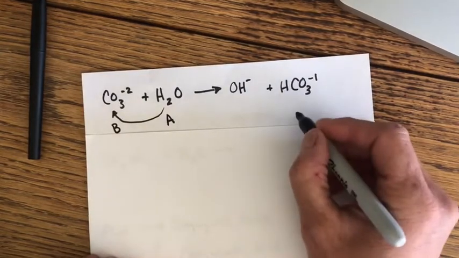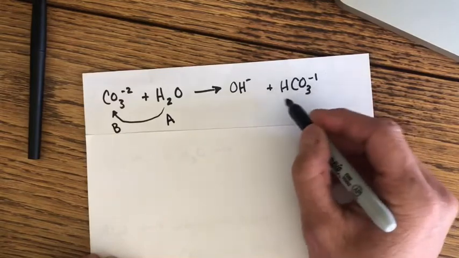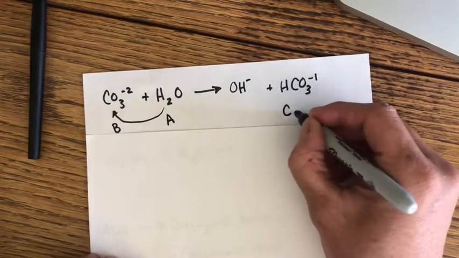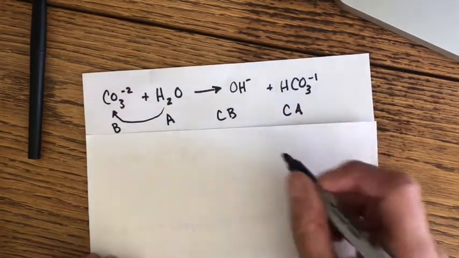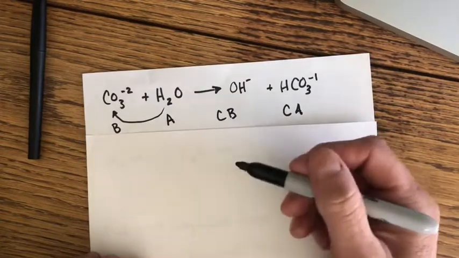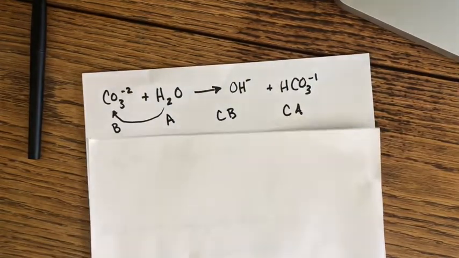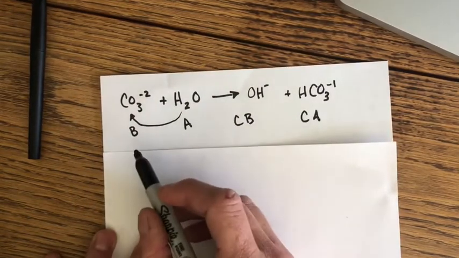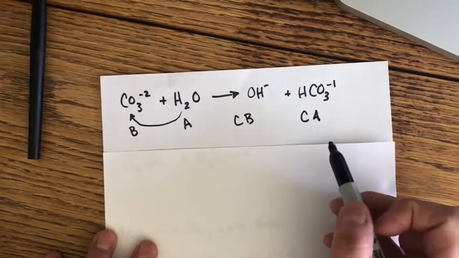The resulting compound from the base picking up the hydrogen is called the conjugate acid, and this is now called the conjugate base. I just abbreviated them: CB for conjugate base, CA for conjugate acid, B for base, A for acid. And by the way, the acid and base are always going to be on the left of the reaction, and the conjugate pair is going to be on the right as products.